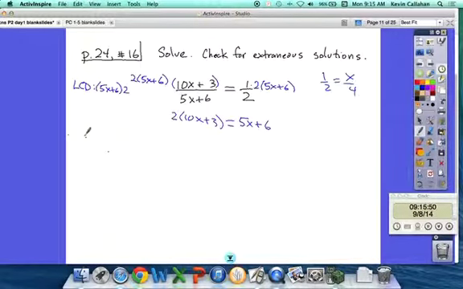Okay, solve. What do I have to do first? 2 times 10x, 2 times 3. 20x plus 6 equals 5x plus 6. Is that right? 20x plus 6, 5x plus 6. Okay, subtract 5x.